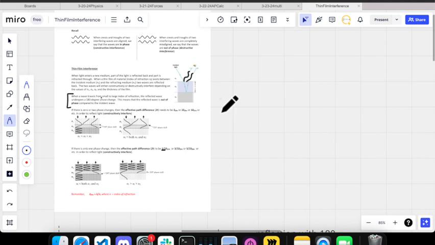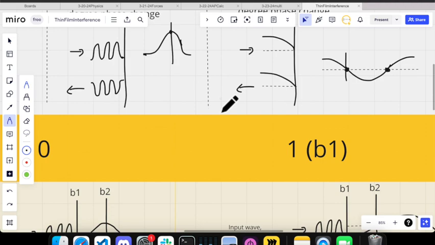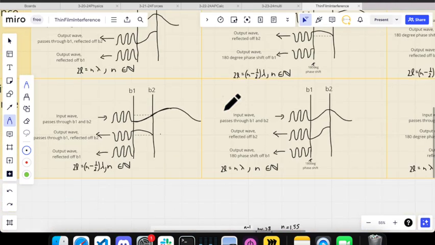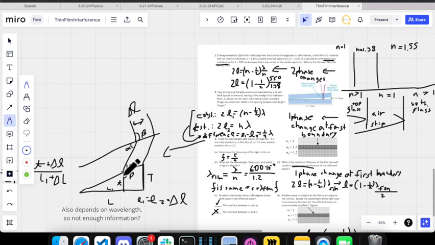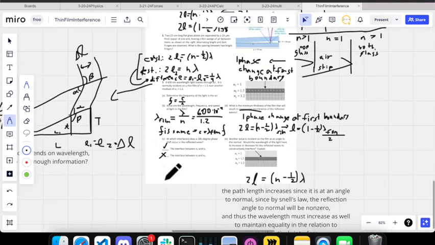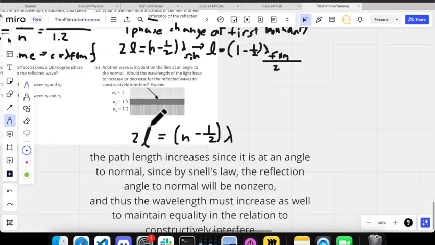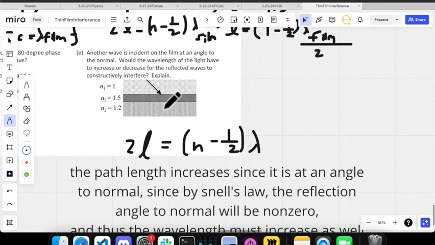But with this, we're going to get some angle, so it's not going to be vertical, it's going to be some angle, which means the path length increases. And if the path length increases, then the wavelength has to increase to compensate. And this formula is kind of the same that we worked with above.